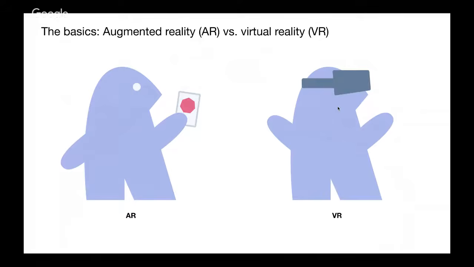So in VR, you have complete control over your user's environment, and in augmented reality, you have to compromise between what's surrounding your user and the virtual content you're trying to add to it. In our case, we're going to be adding a map to that environment, but a lot of the rules we're talking about and the practices we want to apply in order to make usable experiences apply to just about everything.